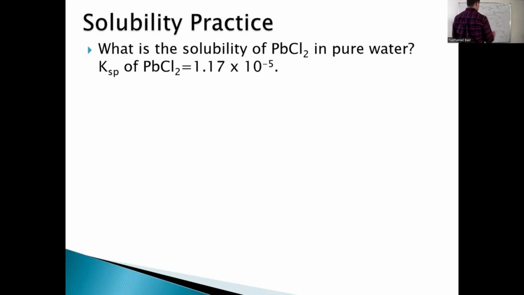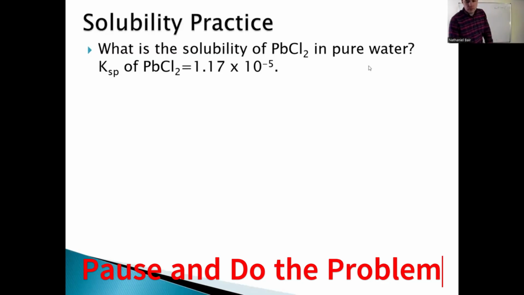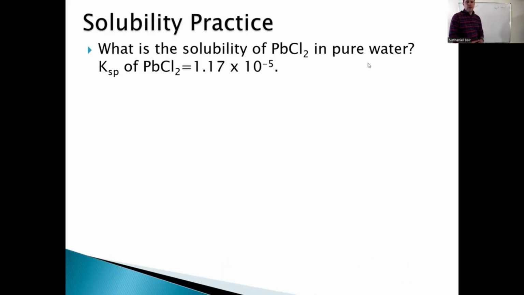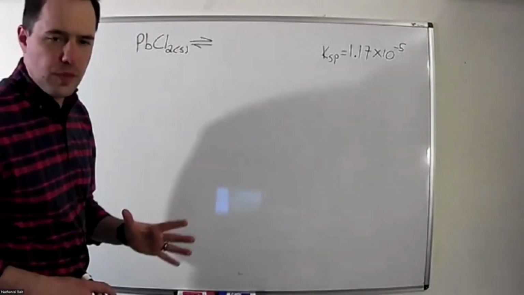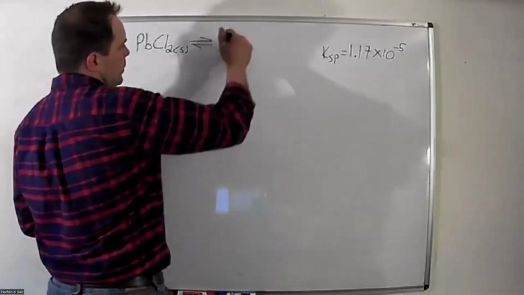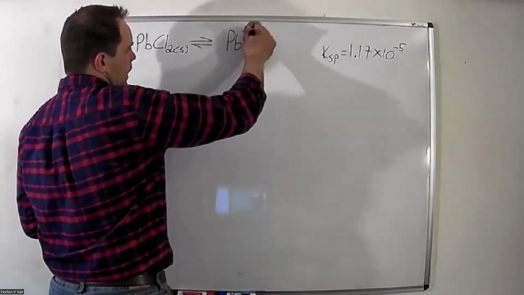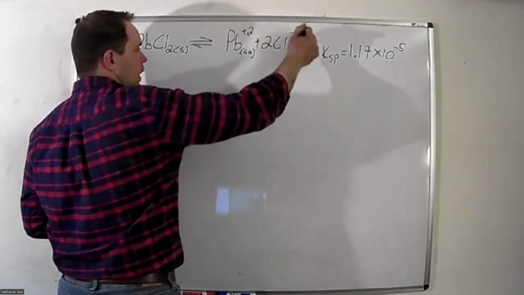I'm going to try to find a different marker. All right, let's see how this went. The first step is you have to write a balanced dissociation equation. You get this wrong, everything else is going to be wrong. So no pressure. This is going to break apart into the lead plus 2 cation and 2 chloride ions.